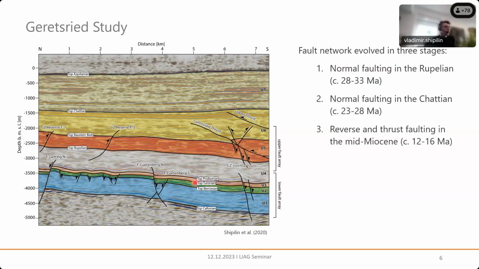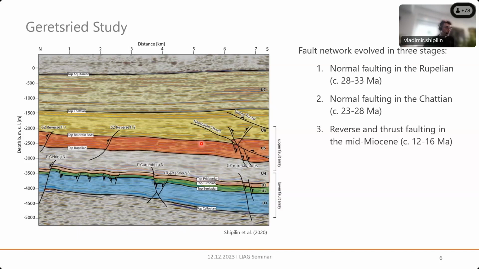Then there was a period of tectonic quiescence, followed by a renewed activation of faulting, whereby faults of the upper fault array nucleated in competent Baustein beds, which are represented here by the orange layer, and they grew by both upward and downward propagation.